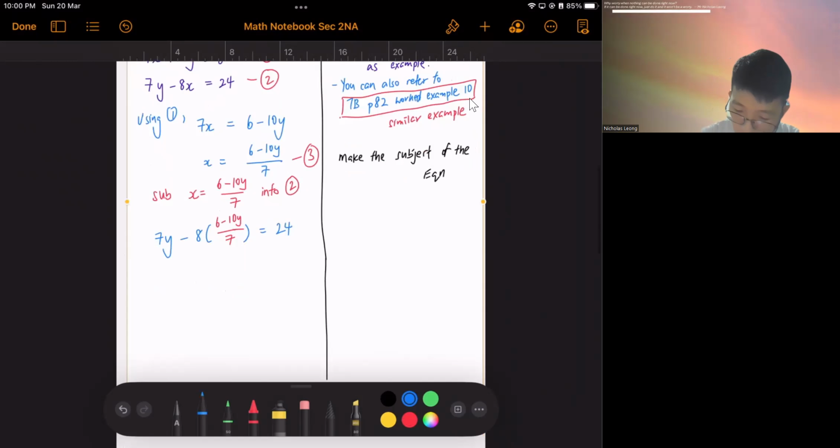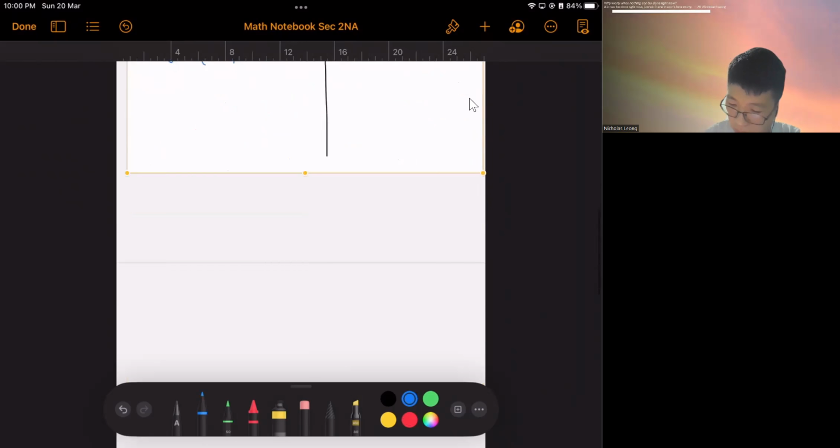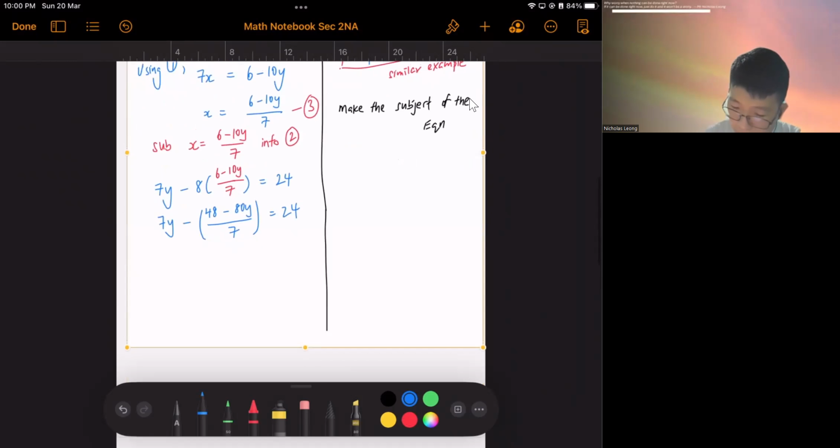So 7y minus 48 minus 80y over 7 equals 24. So now I need to expand it out.